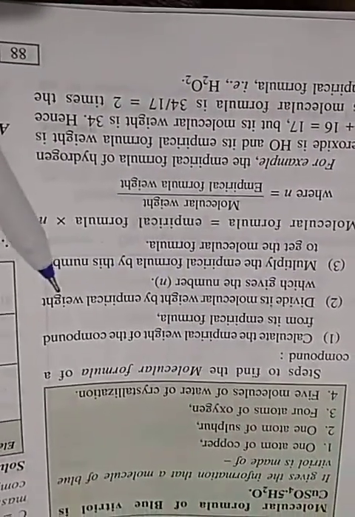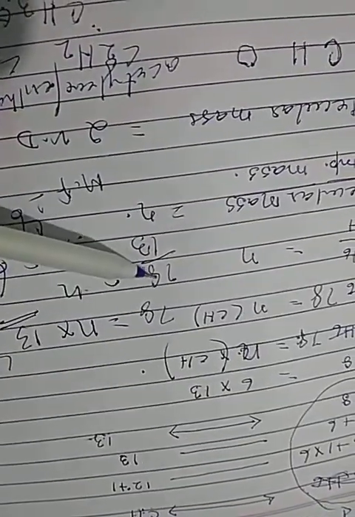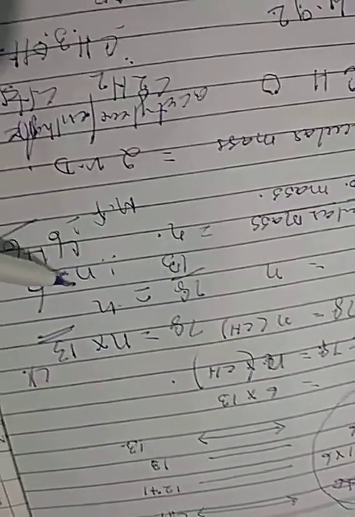Now divide the molecular mass by the empirical weight, and we will get the number n. Then n will be what? Molecular mass by empirical mass.